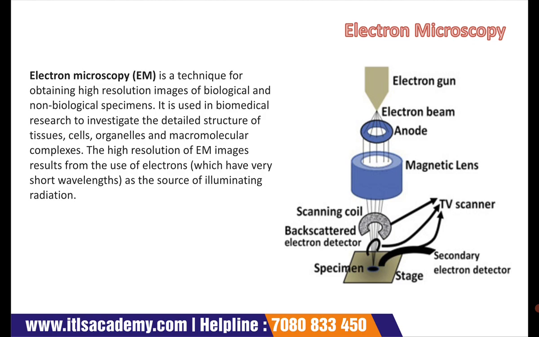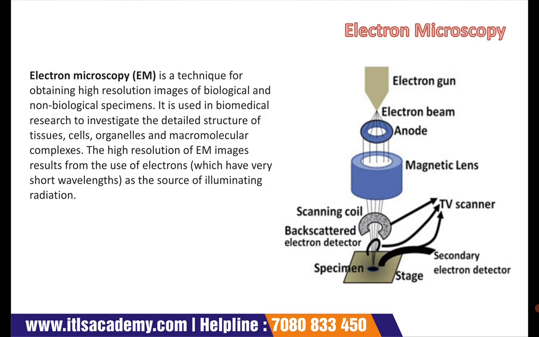So it has more advanced features as compared to light microscopy. This microscope is used in different biomedical research where you want to get the detailed structure of any tissues, cells, organelles, or macromolecular complexes.